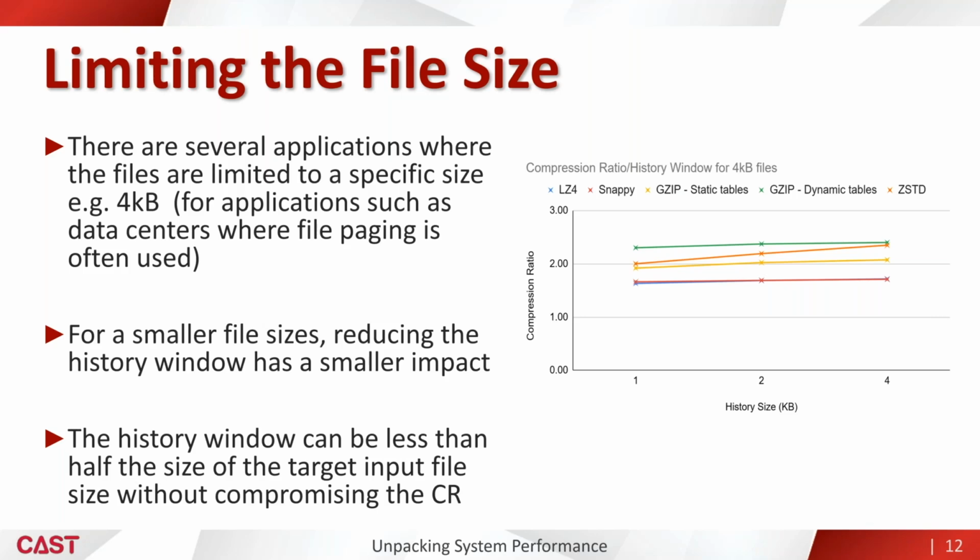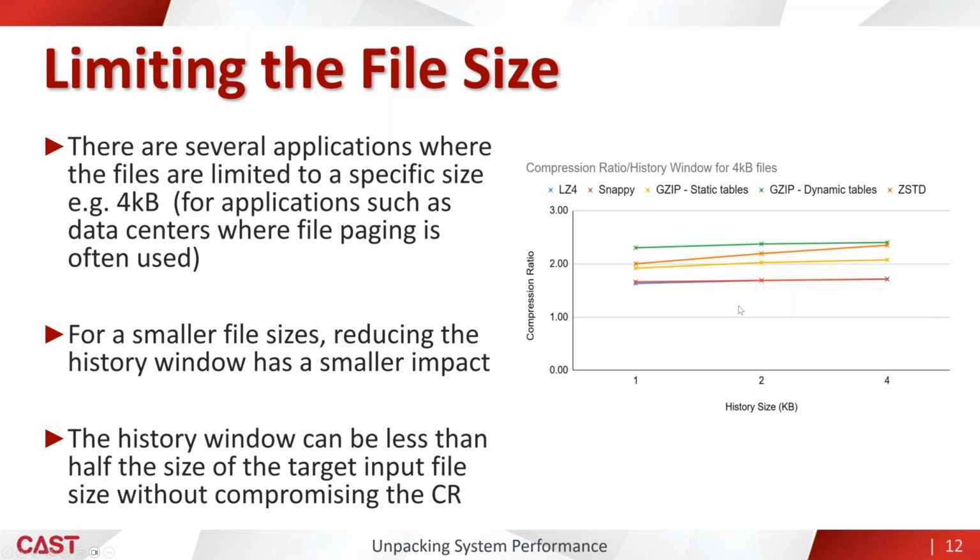So what we can see here on the graph on the right side of the slide is the impact of reducing the history window size from 4 to 2 to 1. As we can see, the impact is much lower than in the previous case where the files were larger. And again, the impact for the lower compression ratio algorithms is lower, while it's larger for algorithms such as Snappy, such as Zstd and GZIP with dynamic Huffman tables.